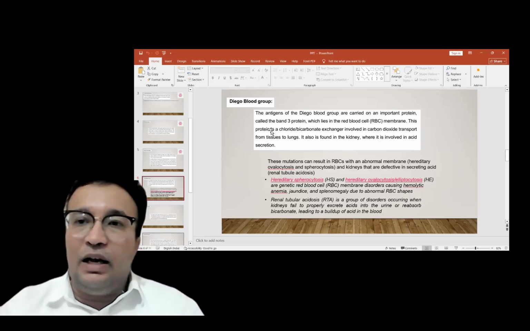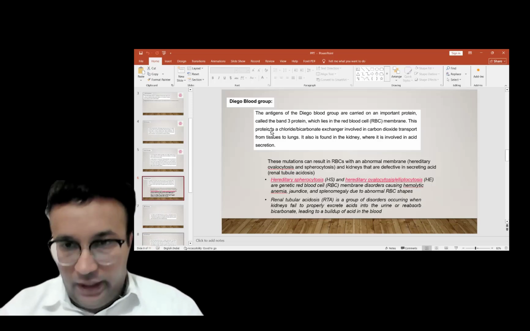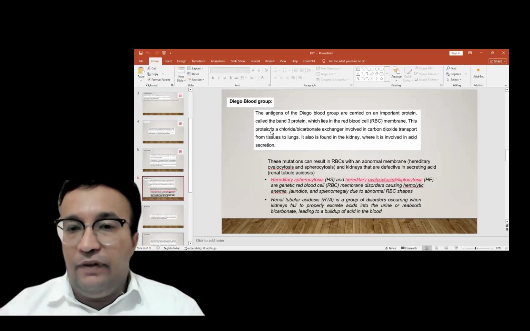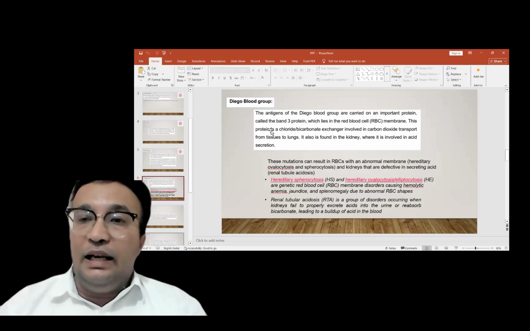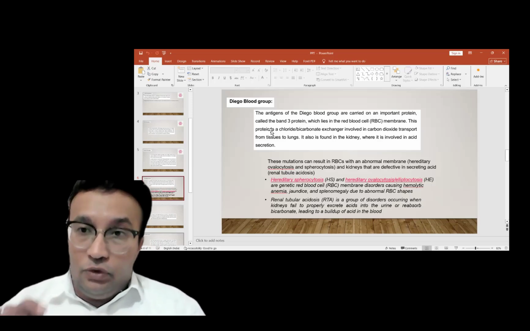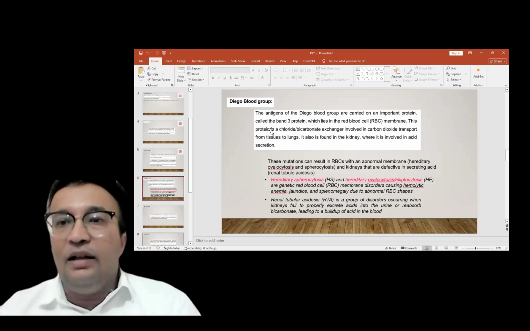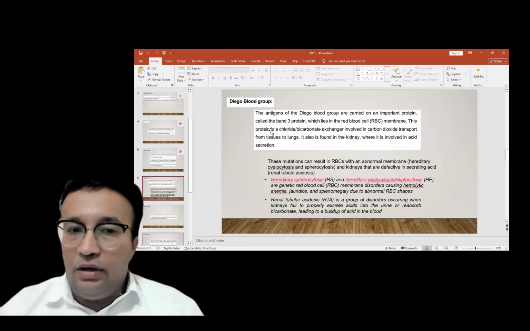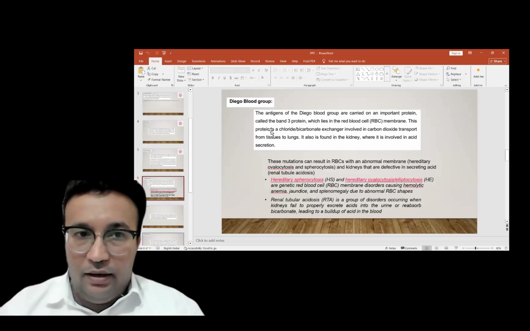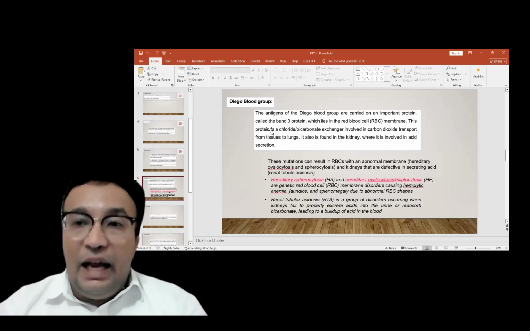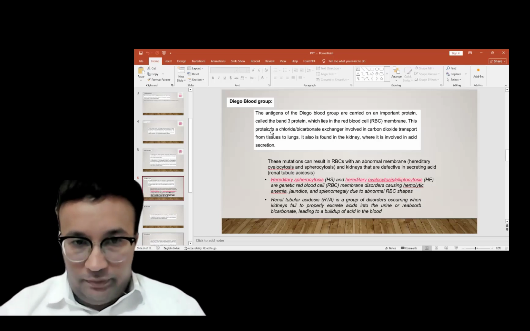That means the shape of the RBC will be distorted. Okay. And then the kidneys will be defective in secreting acids into urine. So if they are unable to secrete acids in urine, acid buildup would result in blood, which is called renal tubular acidosis, which is connected with the mutation of the antigen associated with this blood group.